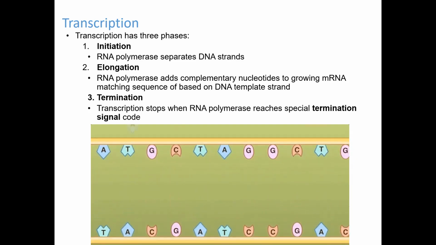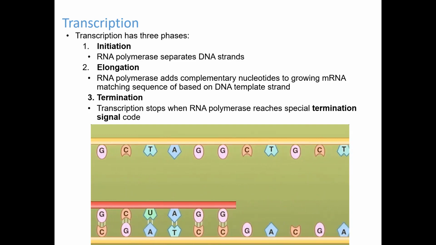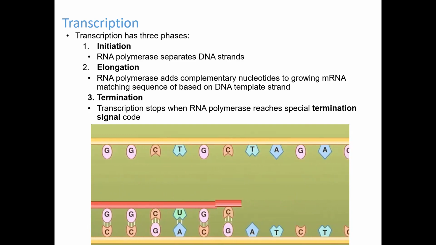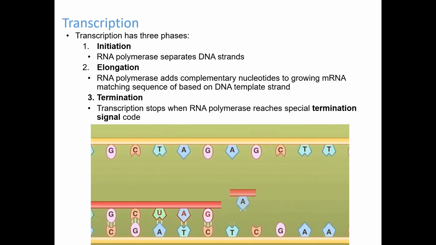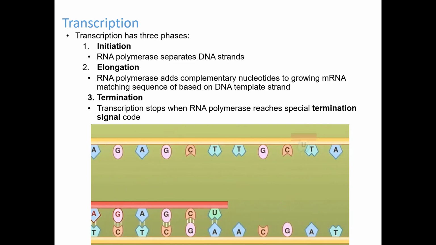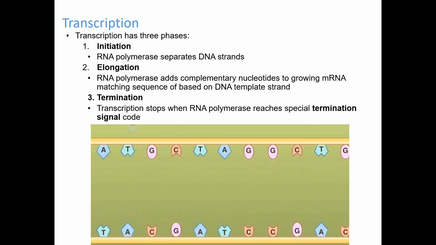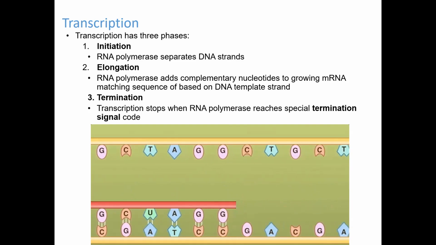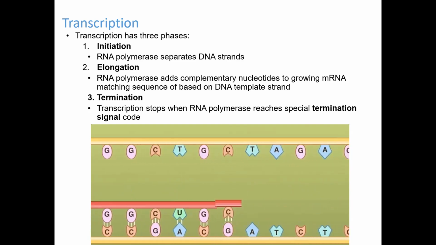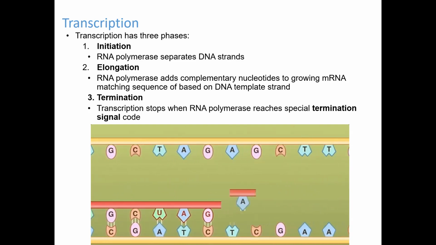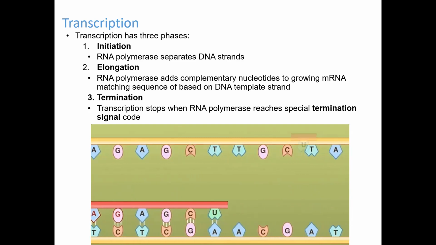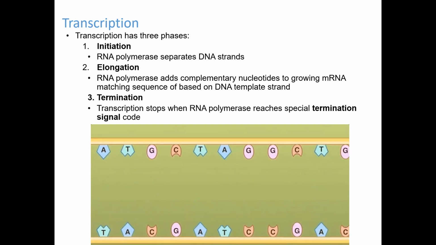If you watch the animation, you can see what's happening here. The DNA has opened up, and the RNA polymerase is assembling complementary nucleotides. The red strand is the messenger RNA. You'll notice that adenine pairs to thymine from the DNA, and uracil pairs to adenine in the DNA.